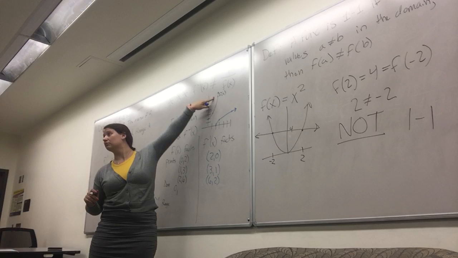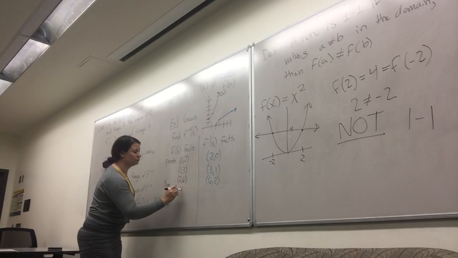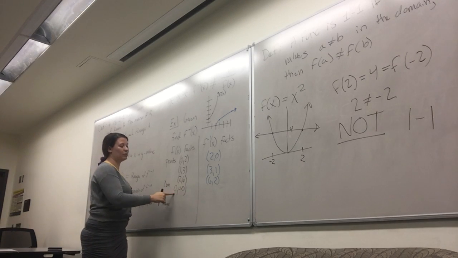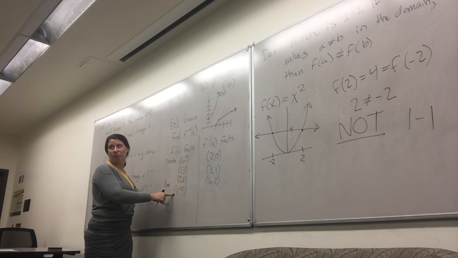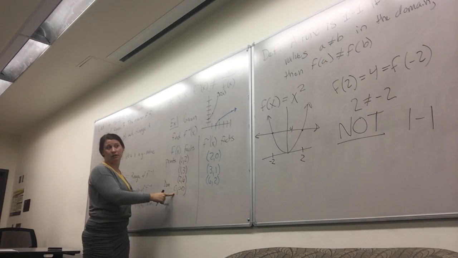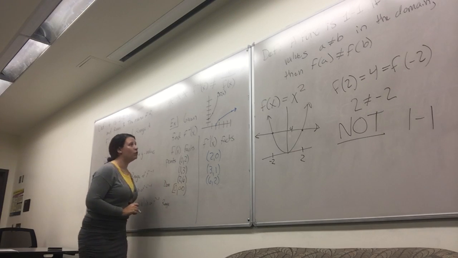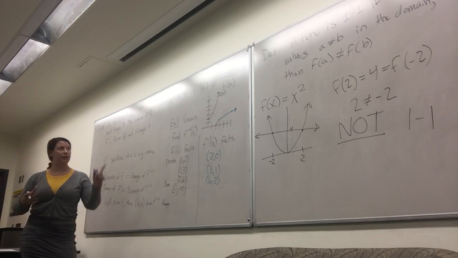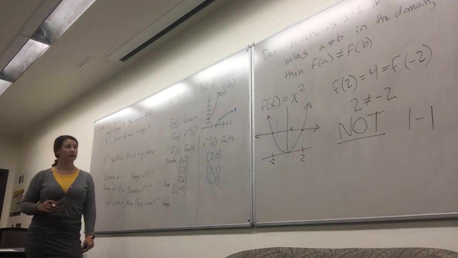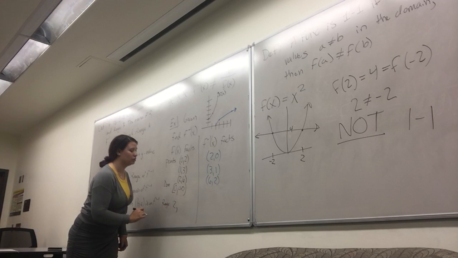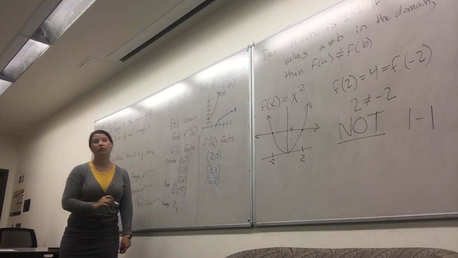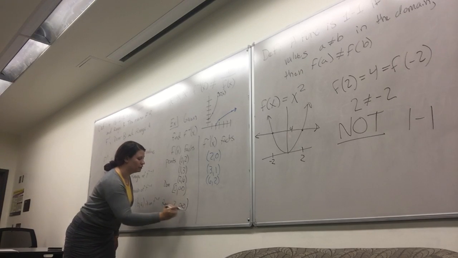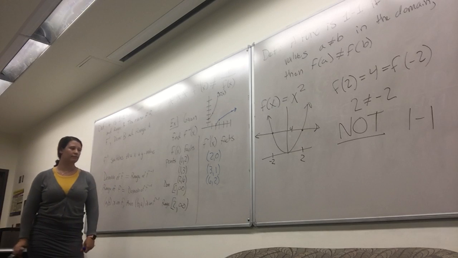It goes forever. Can we plug in 0? Yeah, so it gets a bracket. What about range? What can we get out of f of x? 2 to infinity with a bracket.